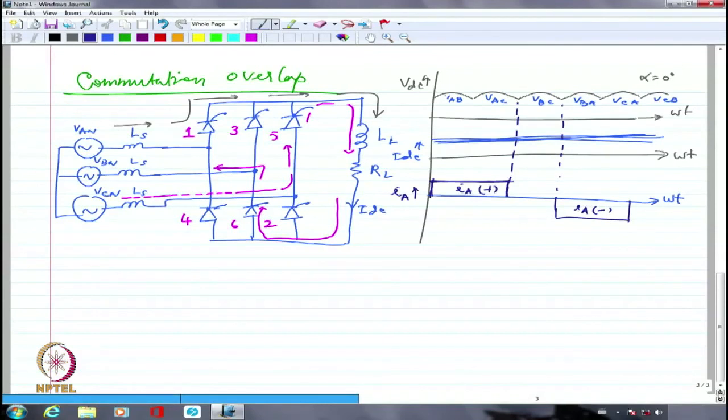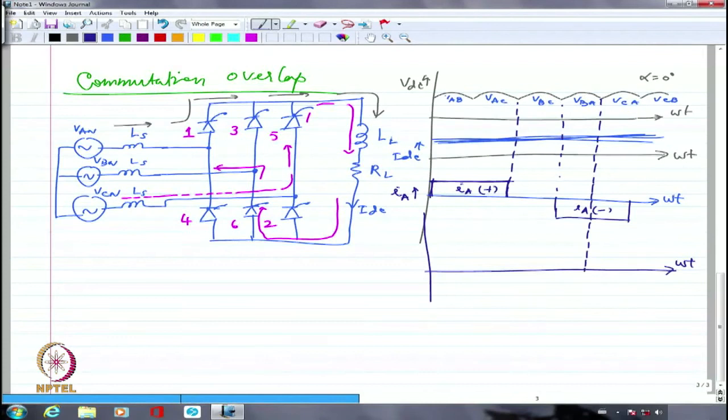At the same time, in fact, if I try to draw actually the current through device number 5, right? Device number 5 is conducting here. Are you getting my point? Device number 5 corresponds to this, CA and CB.